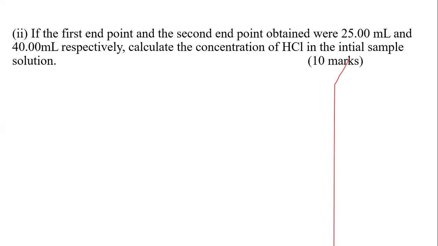If the second one needed 15, first one also needed 15. So for the first endpoint was 25. Out of that 25, 15 was taken by H2D. So only 10 is taken by HCl. Now simple. You know the concentrations. It's just HCl and sodium hydroxide reaction.